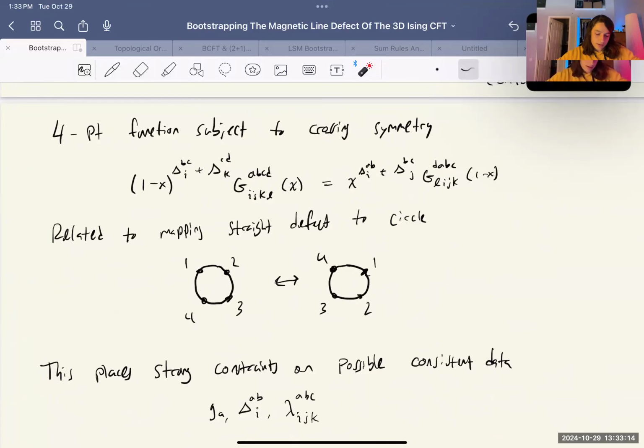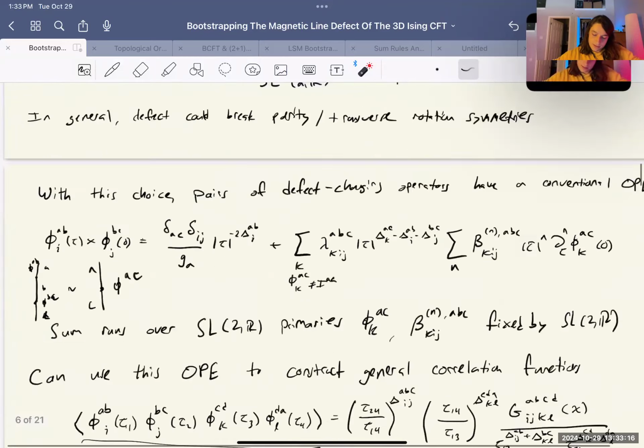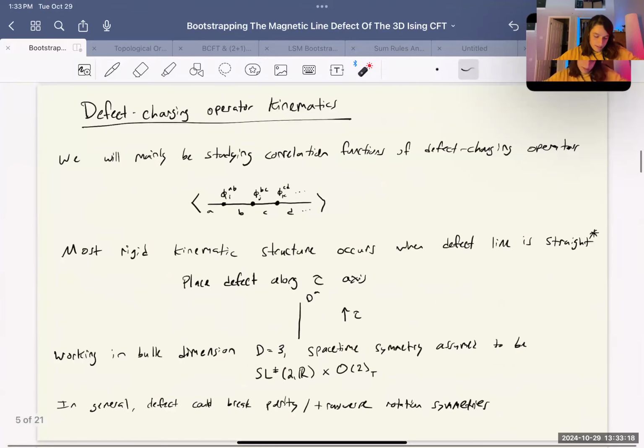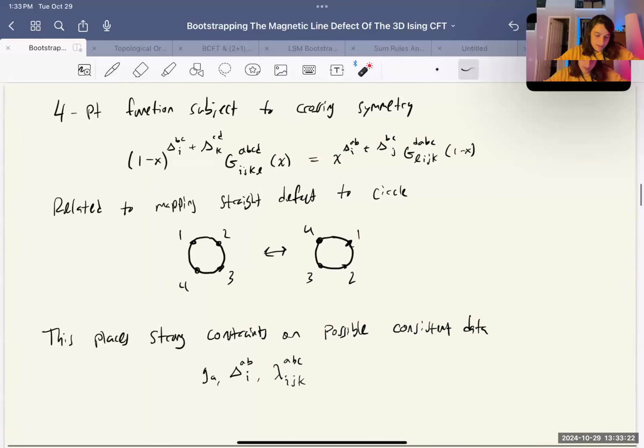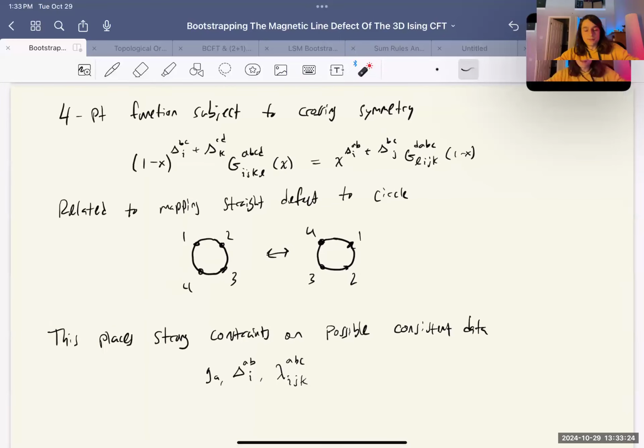I wanted to make a comment, because one thing that comes up in some of the literature is a subtlety related to what it means to have a straight infinite defect and whether you can really define G using a straight infinite defect.